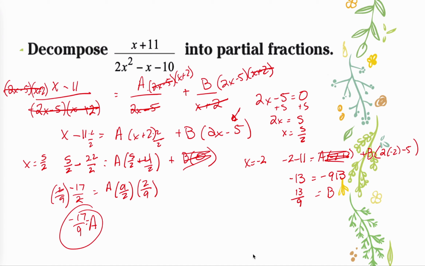Now, moment of truth. Plug this back in. So if I say negative 17 over 9 over 2x minus 5, that's the same thing as saying negative 17 over 9 times 2x minus 5. Right? This is over 1, and if you keep change flip it, you get this.